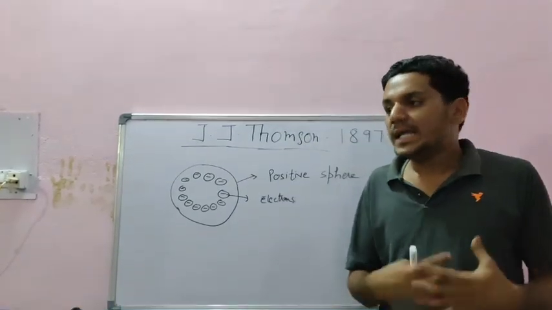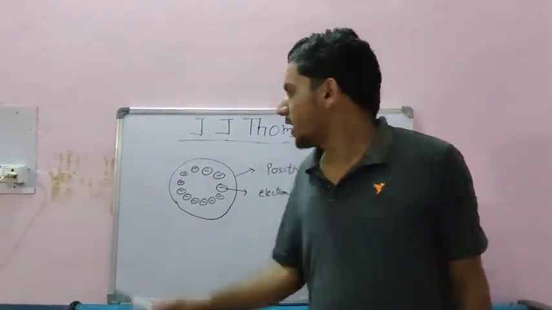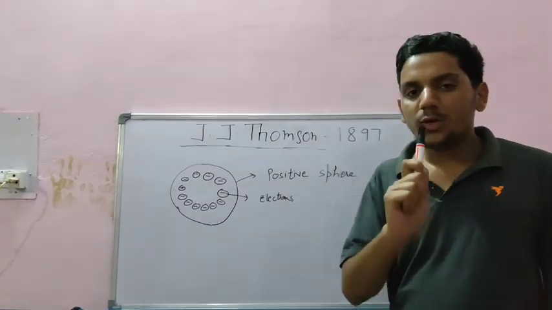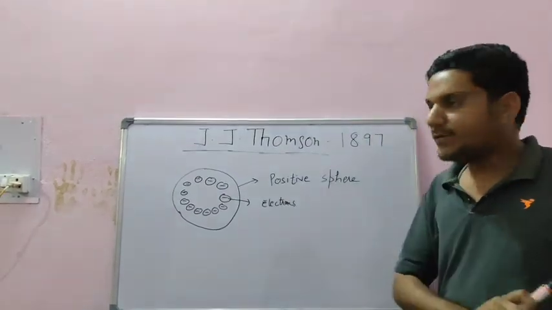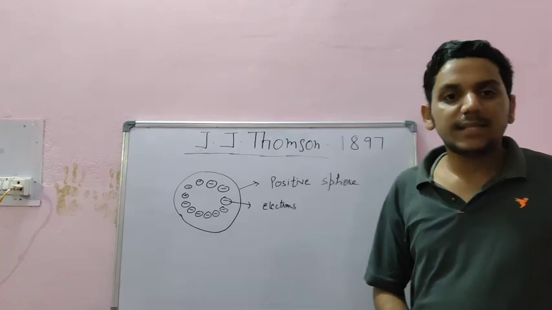So first one, let's discuss J.J. Thomson atomic model, which was discovered in 1897.